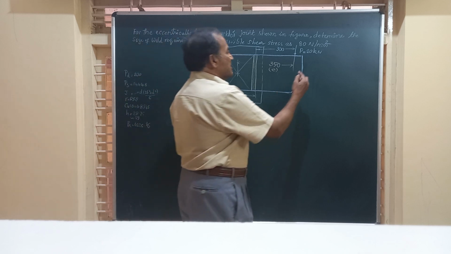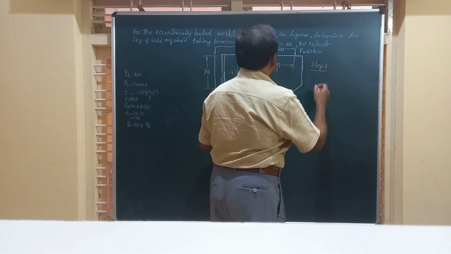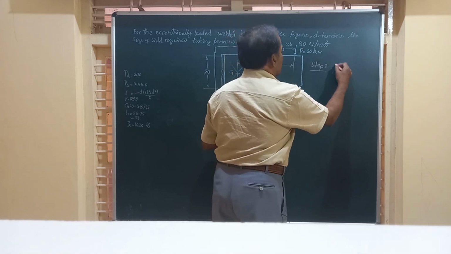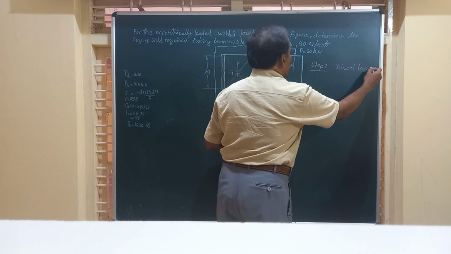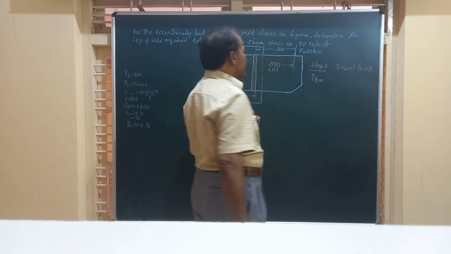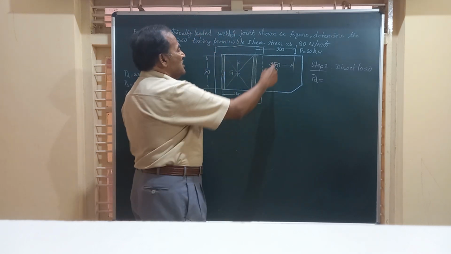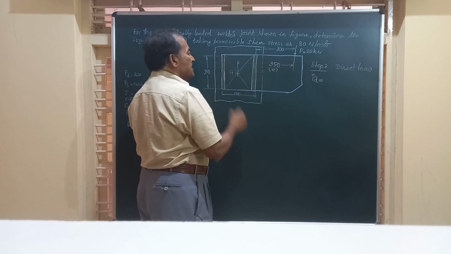Friends, in step number 2, we find the direct load. This direct load PD is given by the total load acting, P, divided by the total length of weld.